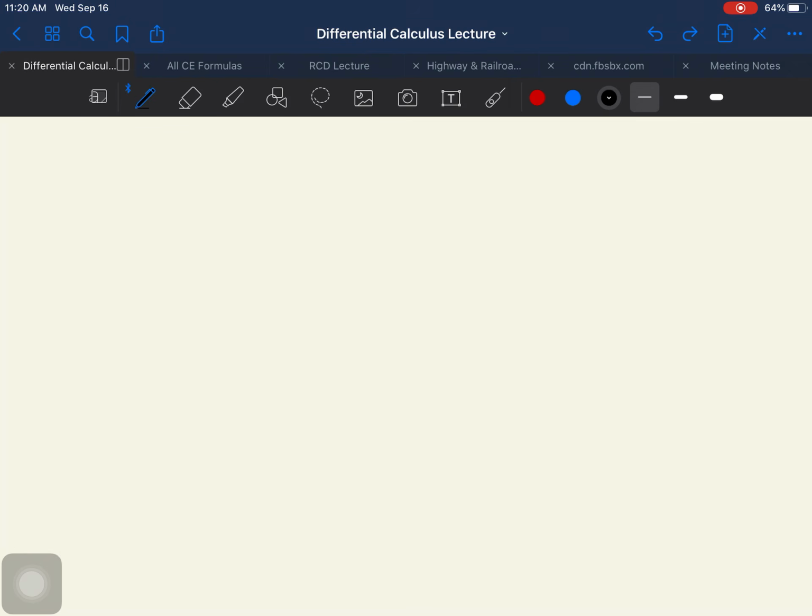Example 3, letter C. It says, find f of 0, f of 2, and f of x plus 5. Letter C is f of x equals the square root of 4 minus x squared.